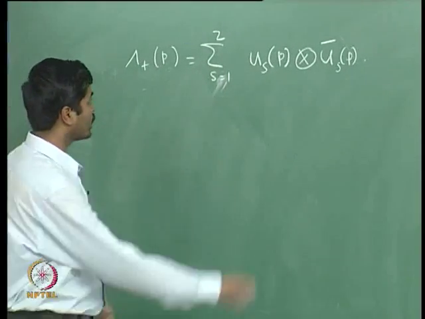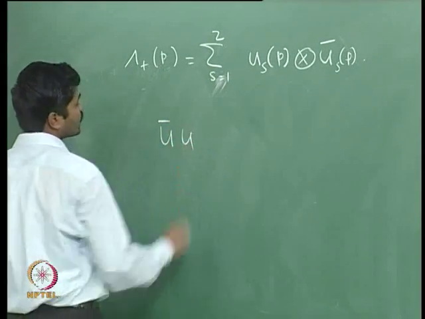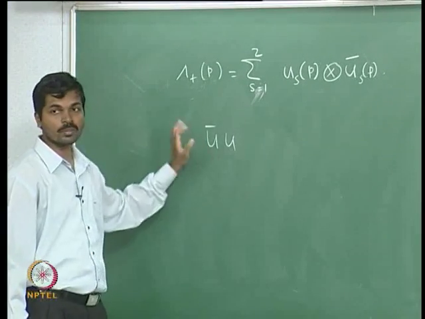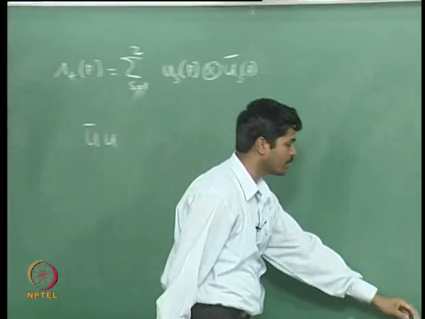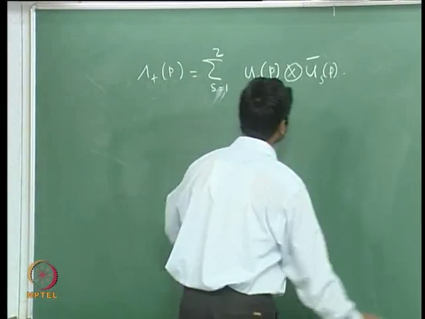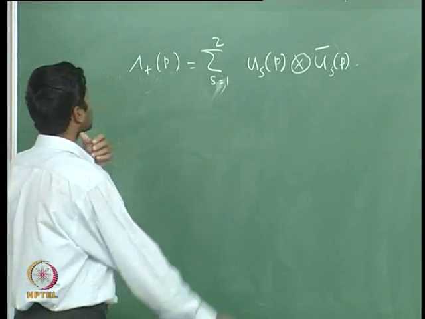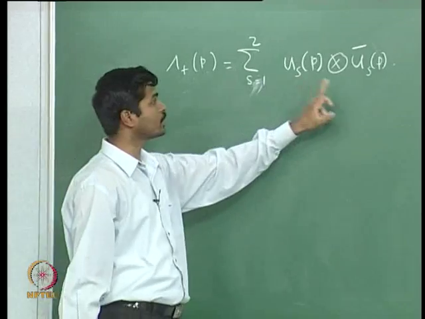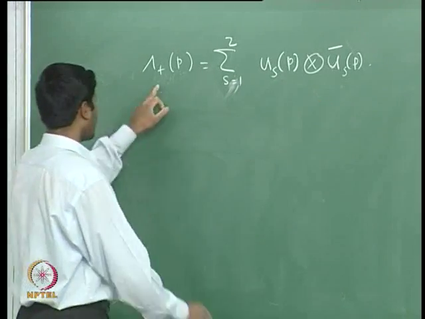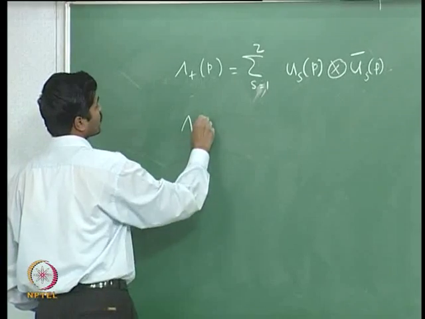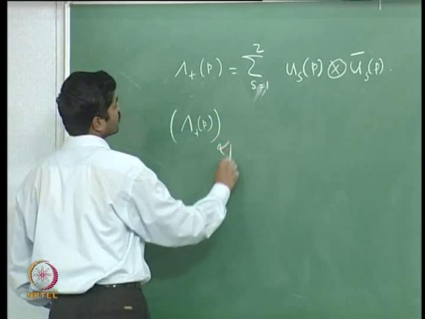You already know what u-bar u is, this is just a number, because this is a row, this is a column, and then you can multiply it by using ordinary matrix multiplication. This product simply can be used to construct a 4 by 4 matrix out of u and u-bar, and I define it in terms of its components: lambda plus of p, alpha beta.